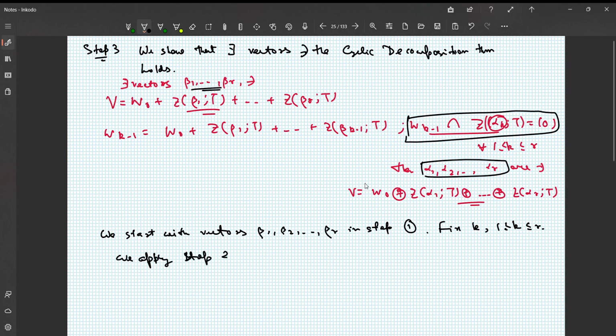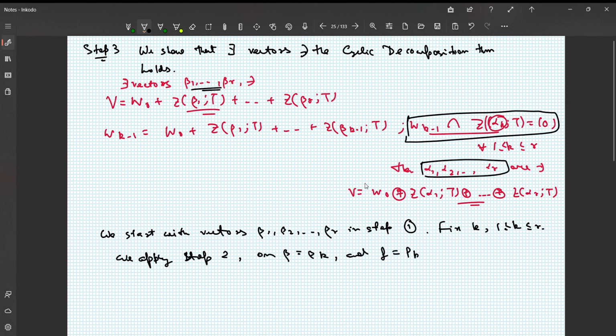We apply the statement of step 2 on the vector beta k, which we have chosen as an arbitrary vector beta from V. In step 1 we had defined the T conductor of beta k into W k minus 1 to be having the notation p k.